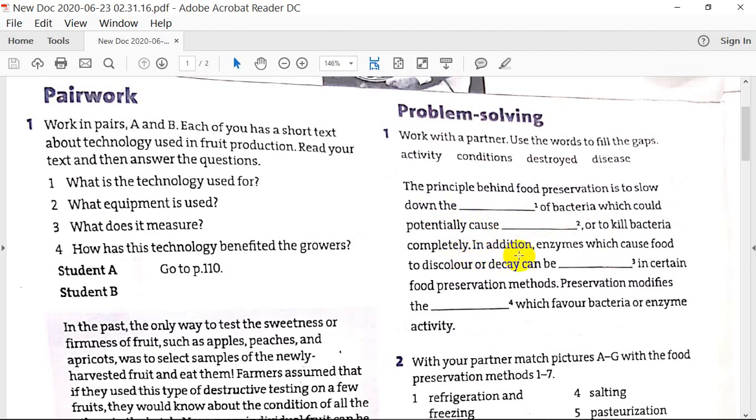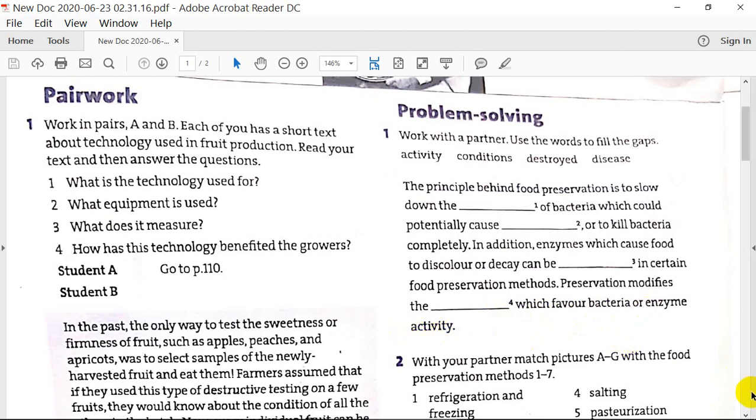What is the meaning of cause? يسبب. In addition, enzymes which cause food to discolor or decay can be destroyed in certain food preservation methods. Preservation modifies the conditions which favor bacteria or enzyme activity.